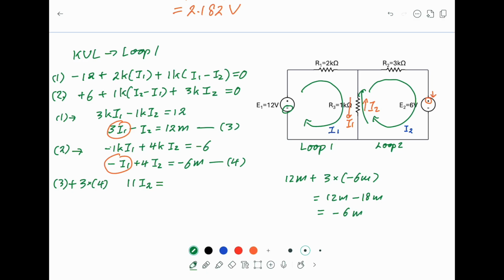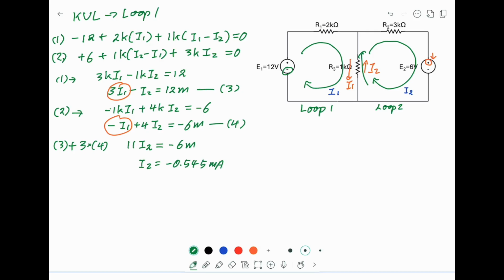So this becomes minus 6m I2 will become 6 over 11, and you will get minus 0.545 milliamp. Next, we want to substitute I2 into equation 4.